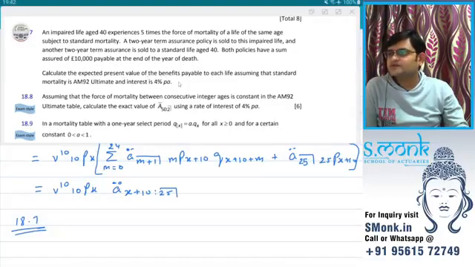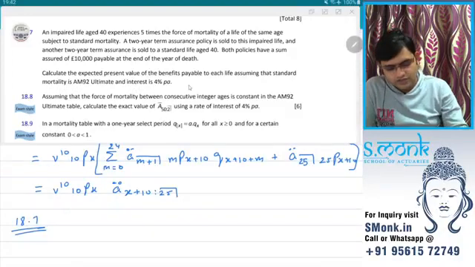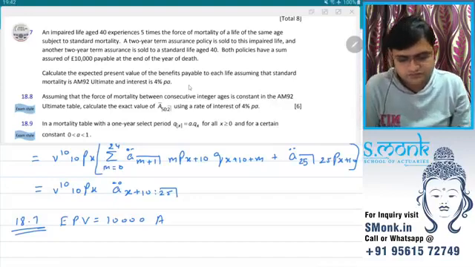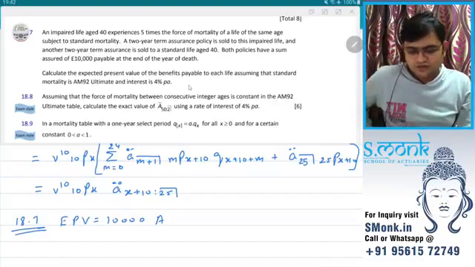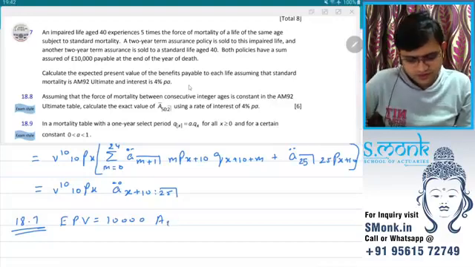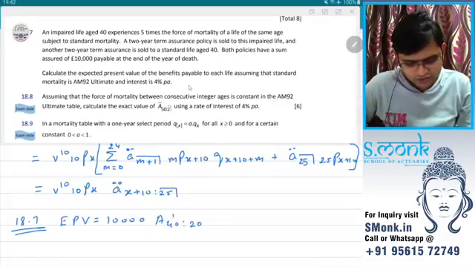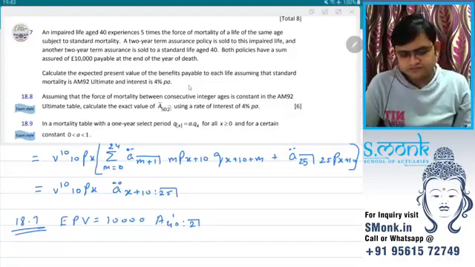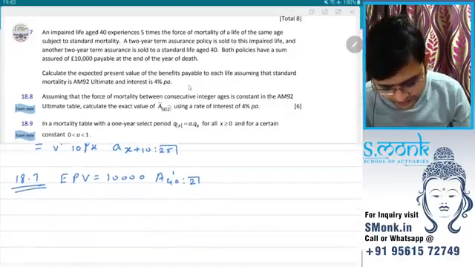Calculate the expected present value of the benefit payable to each life, and that standard mortality is this. So for standard mortality, expected present value will be equal to 10,000. They're saying 2 years. So 40 to 2, so this is what our value would be for standard.